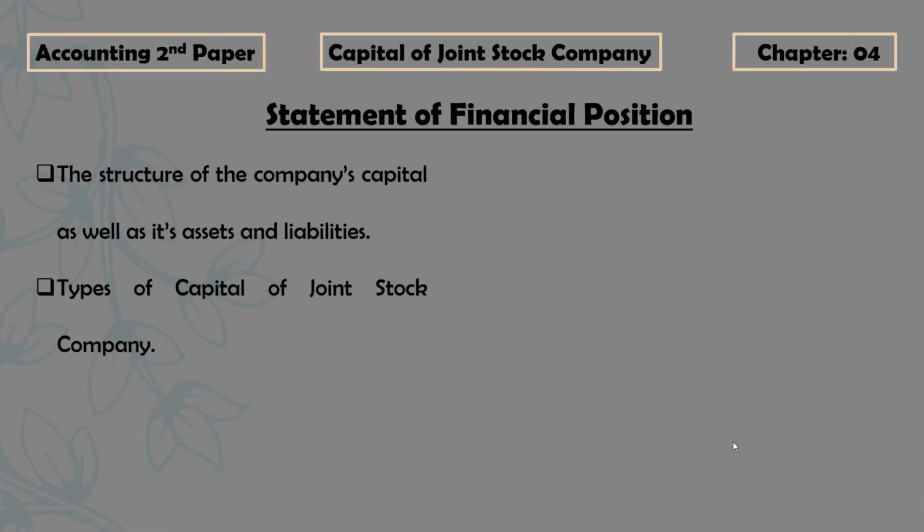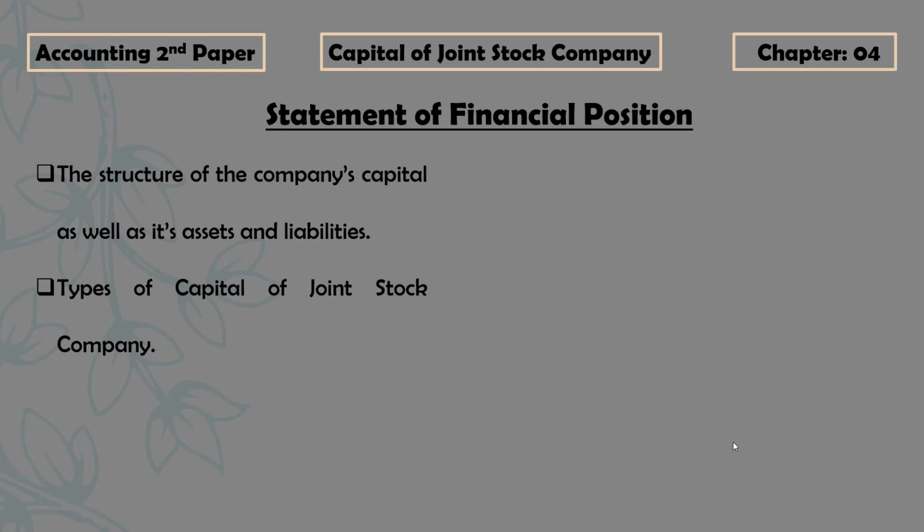This is the statement of financial position. Now we will learn how to prepare the statement of financial position. To prepare this statement, we need to know the structure of the company's capital as well as its assets and liabilities.